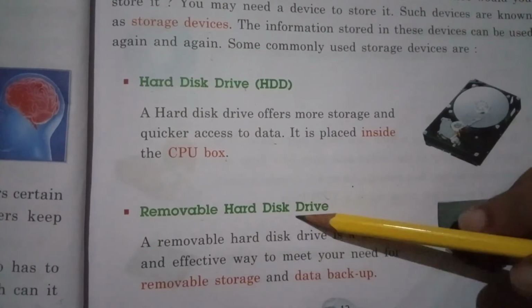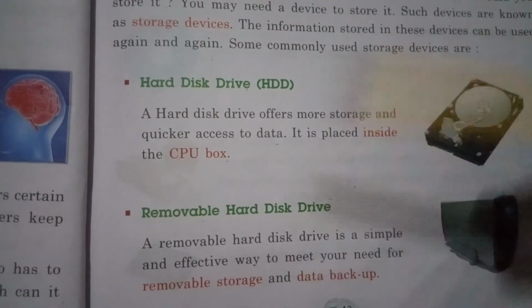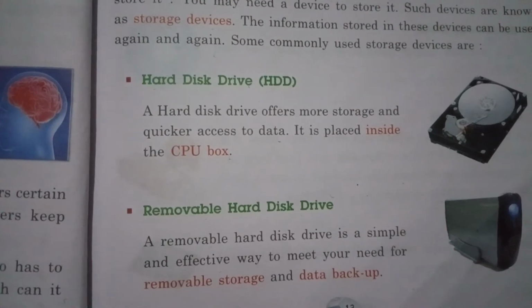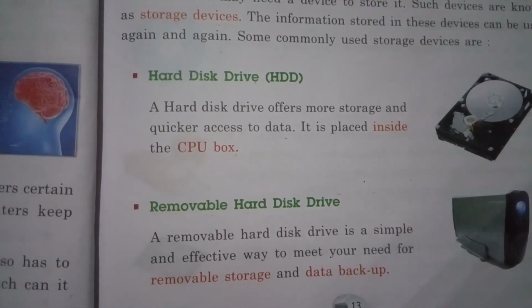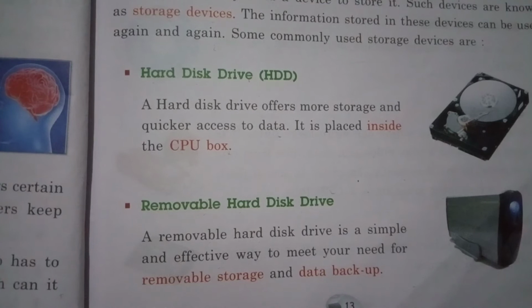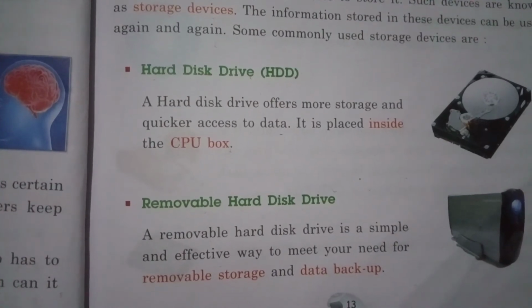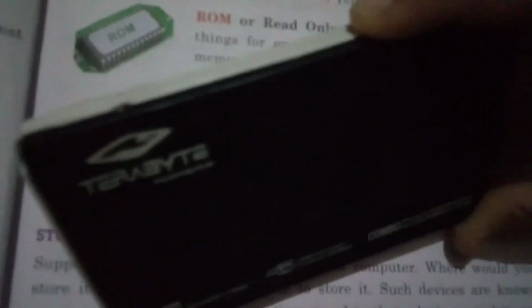Removable hard disk drive. A removable hard disk drive is a simple and effective way to meet your needs for removable storage and backup. Students, you can see this is our removable hard disk drive.